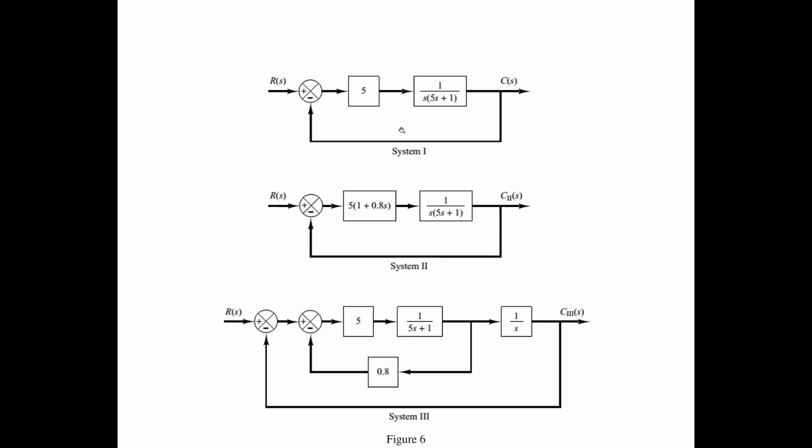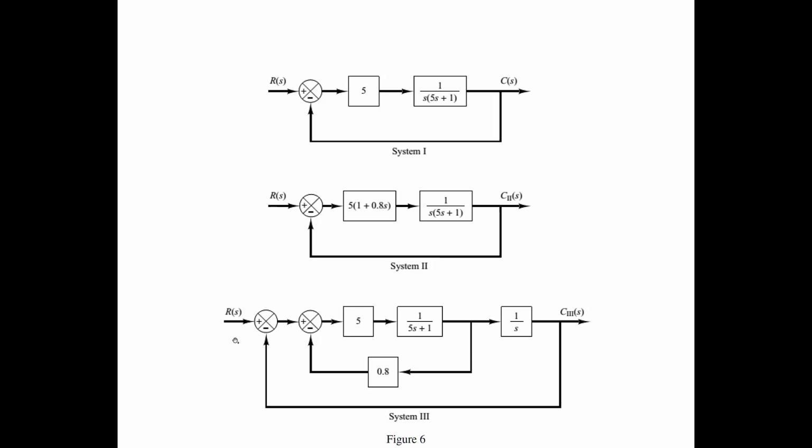Put R of s equal to 1 by s, take the inverse Laplace transformation and everything, and you find the step response. Here also you do the same thing. Only thing is here you need to do a little bit of block diagram reduction to get the closed loop transfer function, because this loop you have to reduce first and take the other loop together to get the closed loop transfer function.